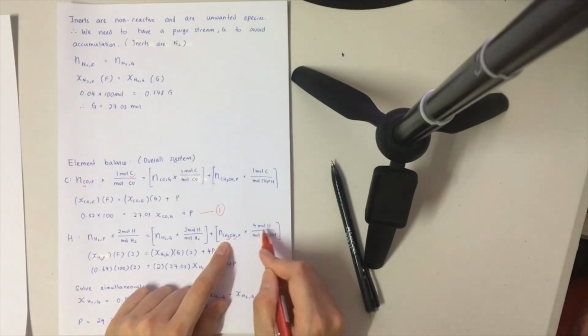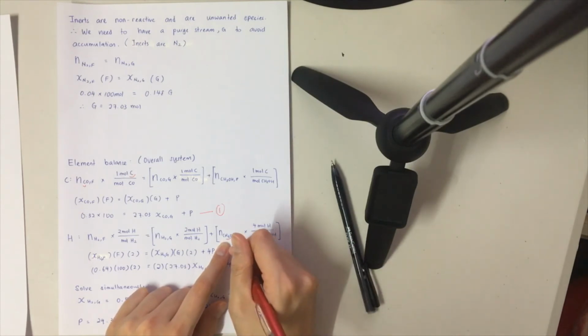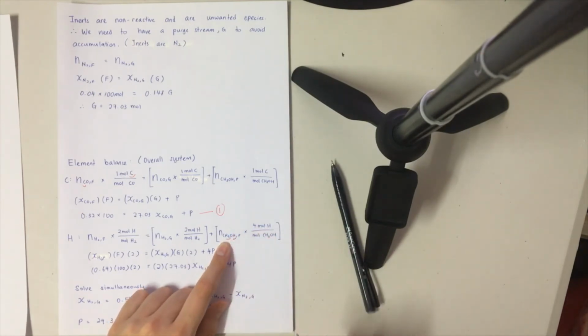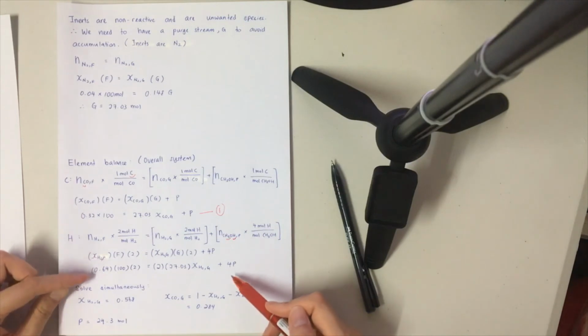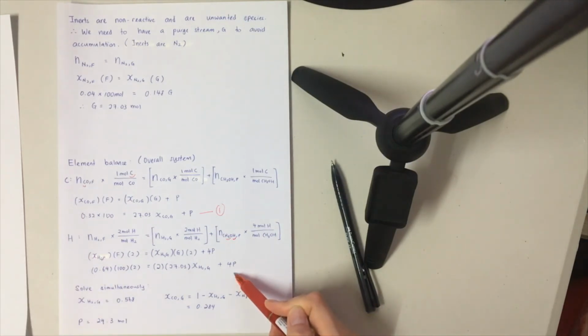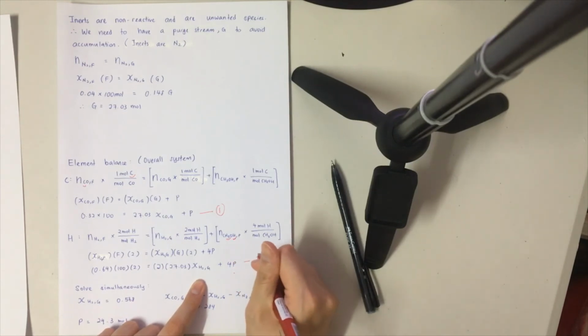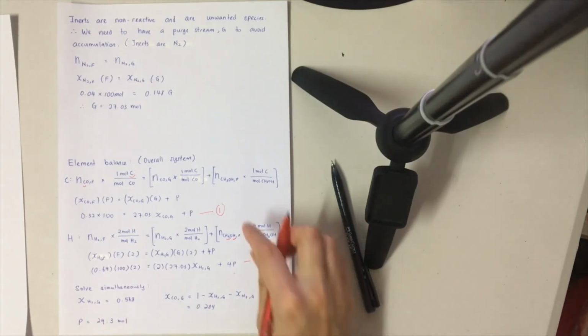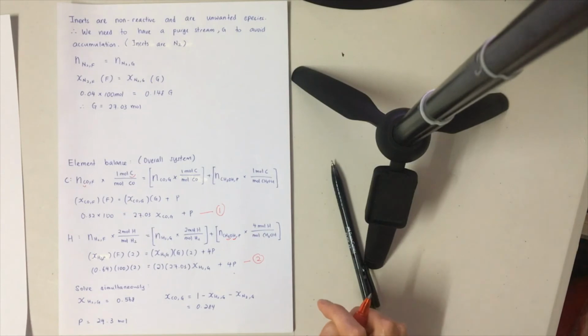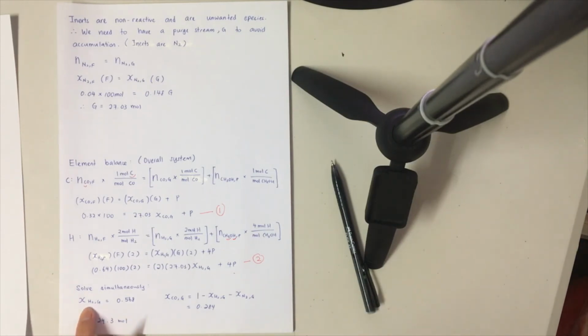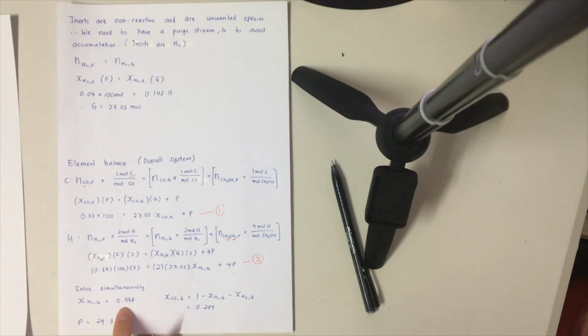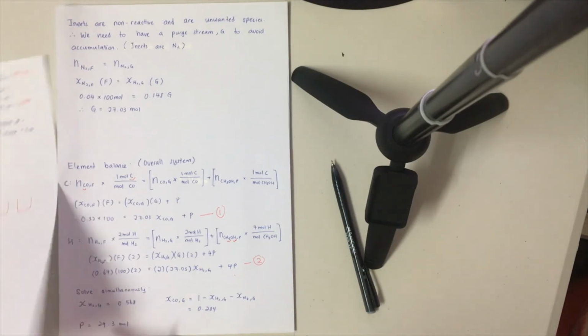So over here we have 4 moles of H. Don't forget to count the H over here. Substitute the values in again, simplify it, and then we have equation 2. Solve these two simultaneously, and we find that X, the fraction of hydrogen in the purge stream, is 0.568, and P is 24.3 moles.